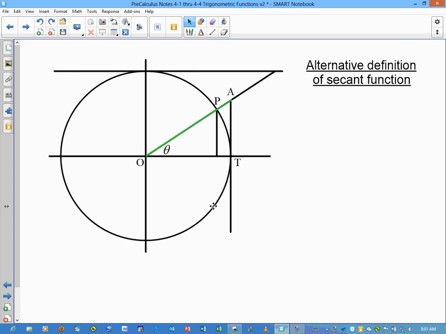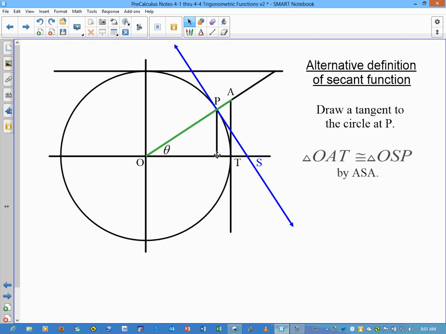Well, we could also show that if we were to draw a tangent line to point P, the terminal point, then the place where this tangent line intersects with the x-axis, we're going to call that point S, and the distance from O to S is also the secant of theta.